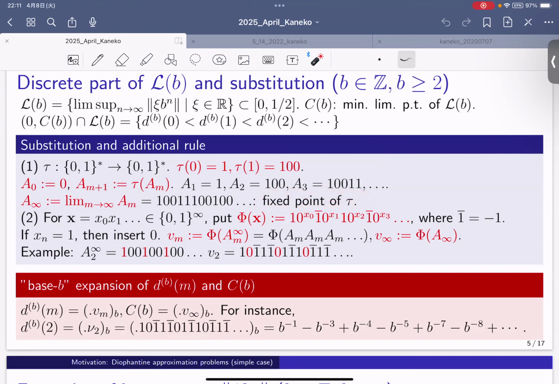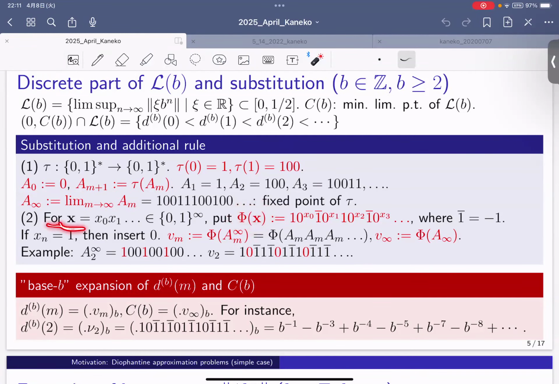And using these words and sequences, we can denote the base B expansions of this D_B and this C_B. In order to explain that, we need to introduce a certain function phi.